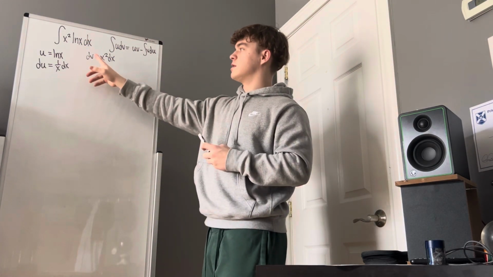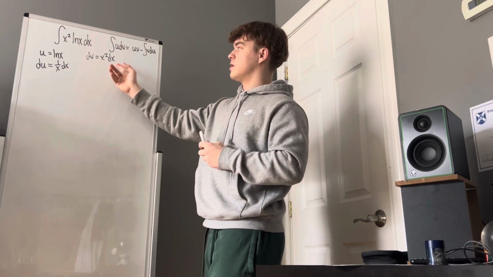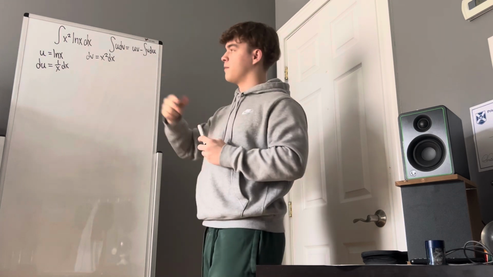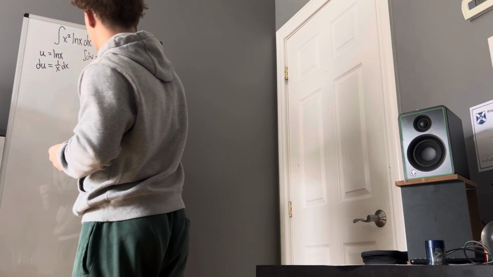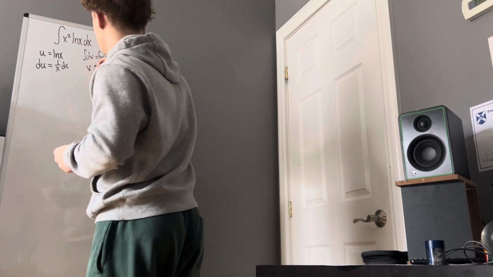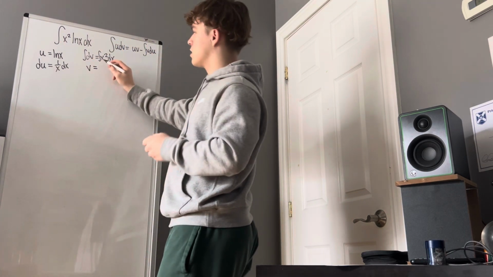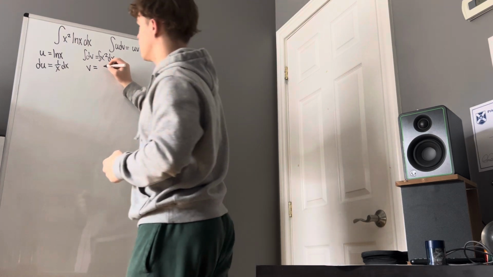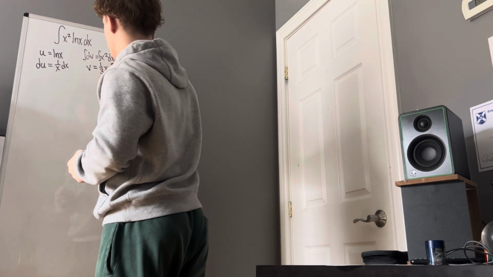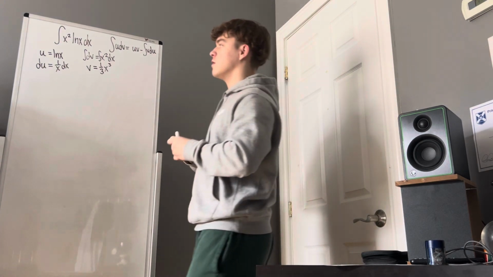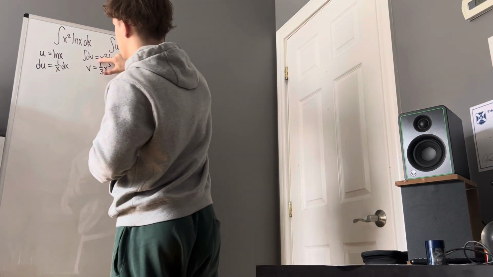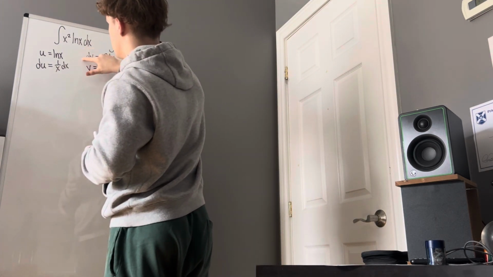This means dv over dx equals x squared, so we integrate both sides to give v equals the integral of x squared dx. That's 1 over 3 x cubed. We're not going to add our plus c just yet.